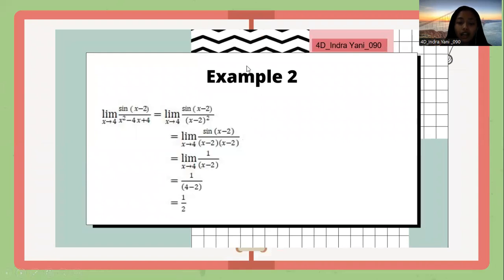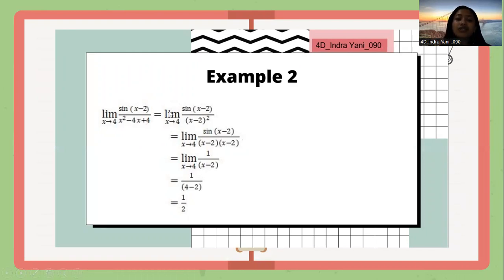And example 2: the question is the limit as x approaches 4 of sine(x minus 2) divided by x squared minus 4x plus 4.